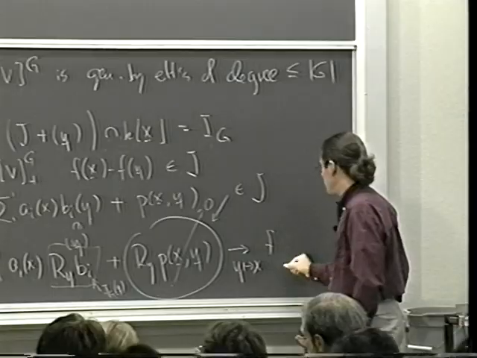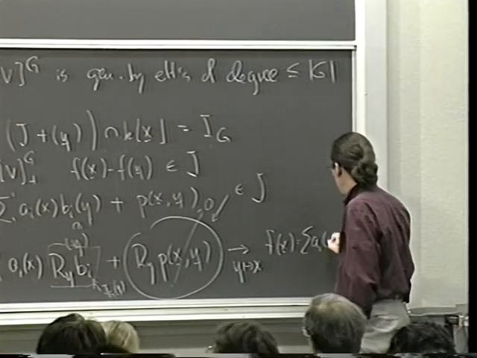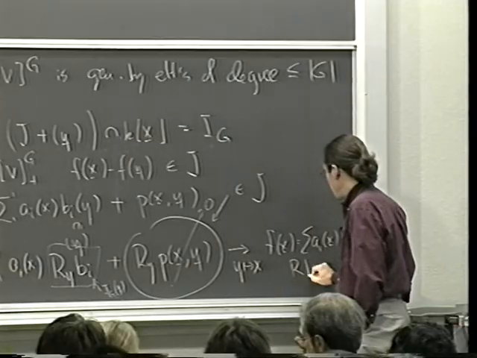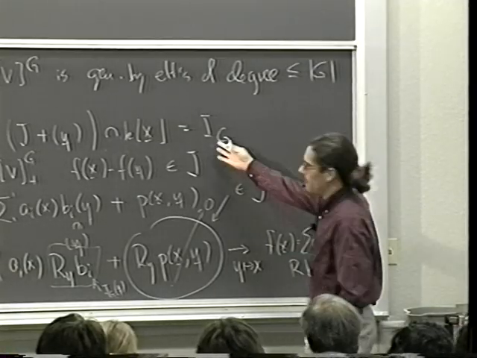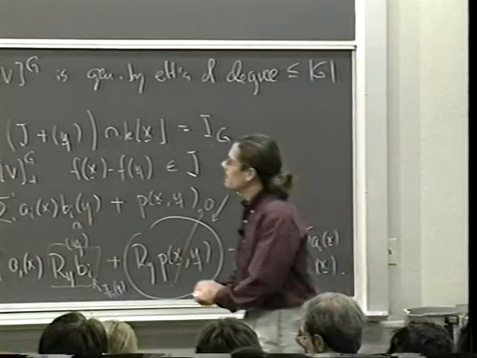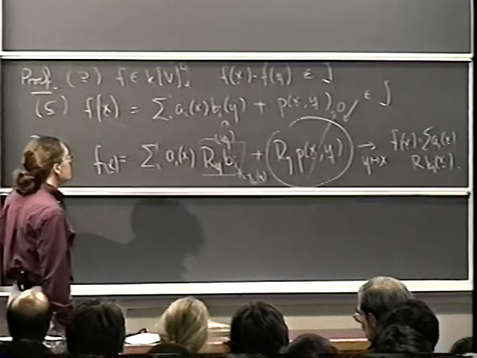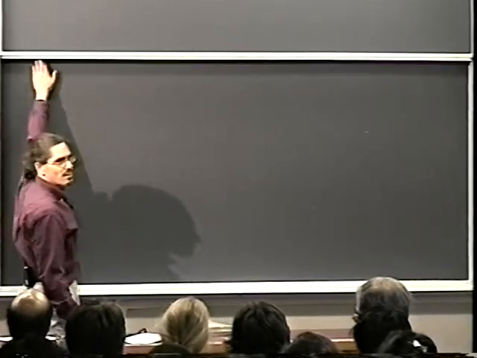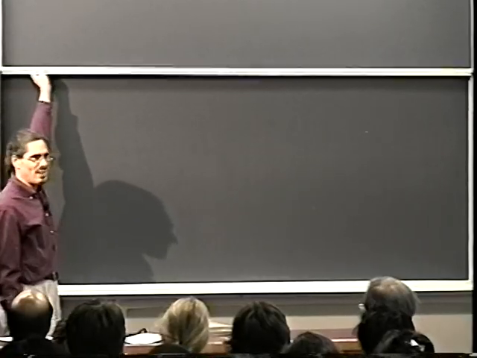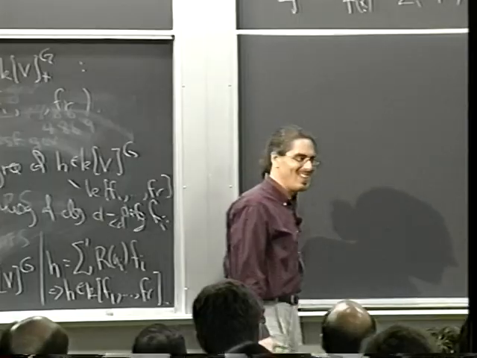So now I'll have f equals the sum a_i of x times Reynolds operator of b_i of x. And that exhibits f as an element of the ideal I. All right, so that's Derksen's lemma. This is really a clever thing. I'm amazed by this, even though I think I understand the proof, but when I get done with it, I'm amazed that it works anyway.